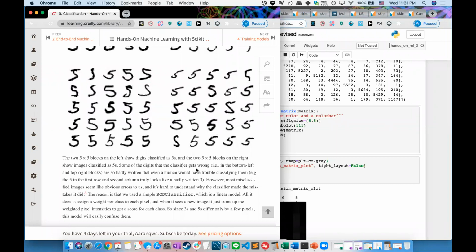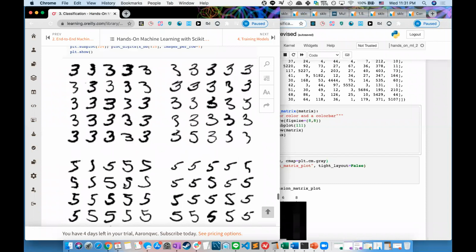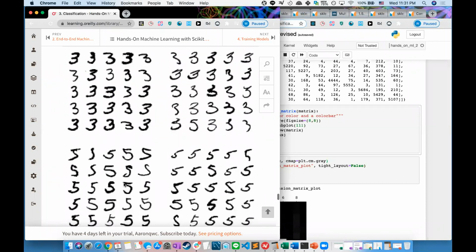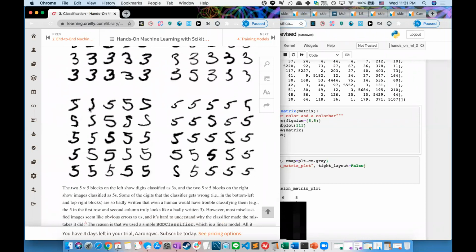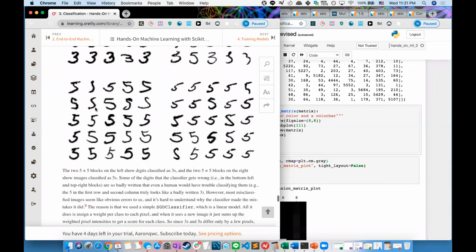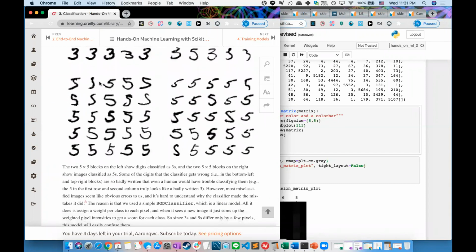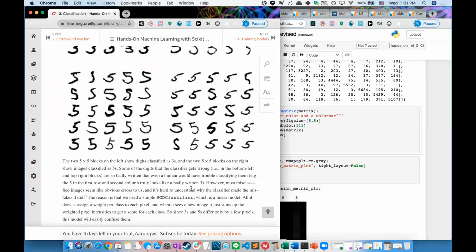Some of the digits that the classifier gets wrong in the bottom left and top right blocks are so badly written that even a human would have trouble classifying them. For example, the 5 in the first row and second column, this one, right? It truly looks like a badly written 3, but it's actually a 5.